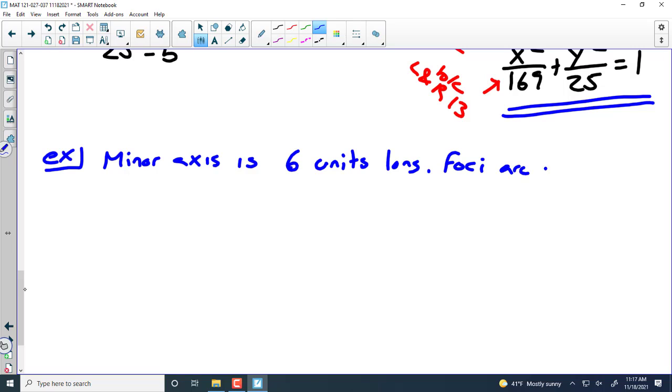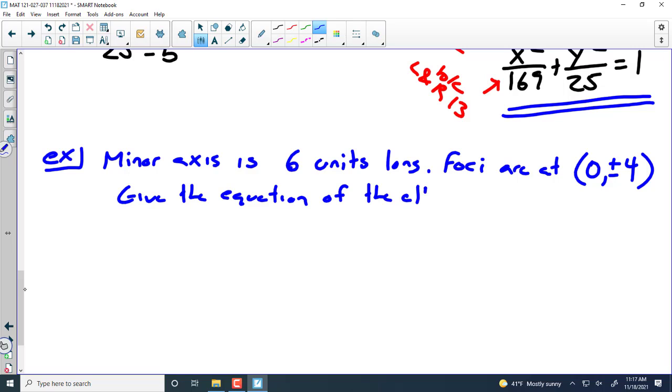Foci are at 0 plus or minus 4. Give the equation of the ellipse.